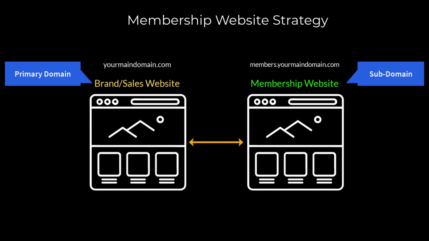You see, a lot of traffic is going to be driven to your marketing site where you're going to be basically selling your membership. And that traffic, some of it will convert. And when they convert, if you have your membership content on the same site, then you're increasing the performance load and requirements on that site. So you'll have more concurrent users sharing the resources of your main branding site and your membership content.